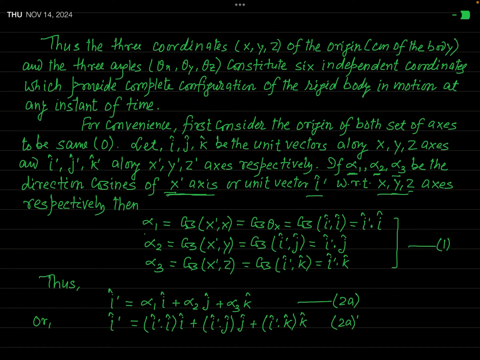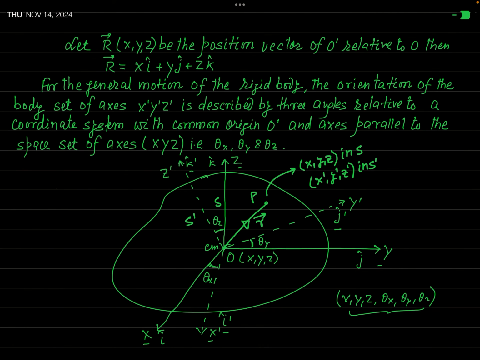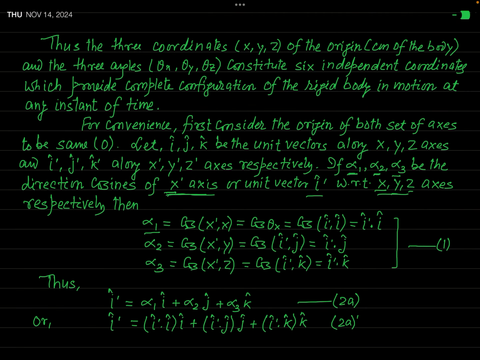You know alpha 1 is what? This is the direction cosine of the x dashed axis with respect to the x axis. Okay, and if the angle between the x dashed axis and the x axis, which I have marked here by this angle theta x, then this alpha 1 is simply cosine of theta x.